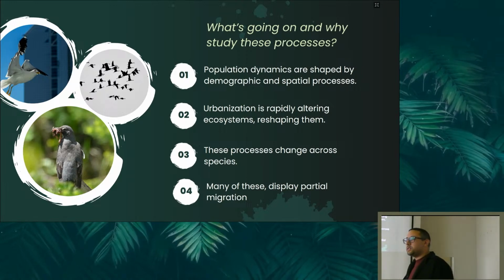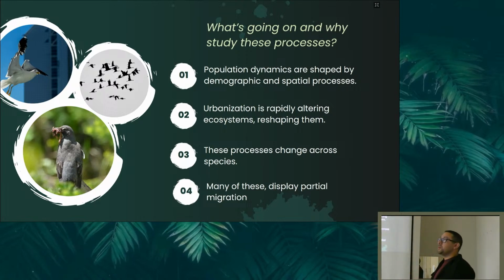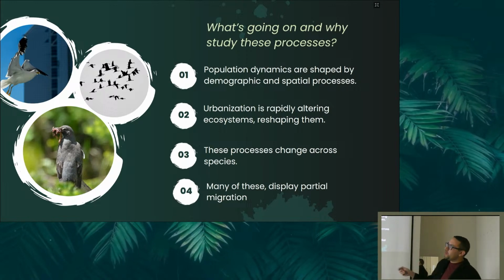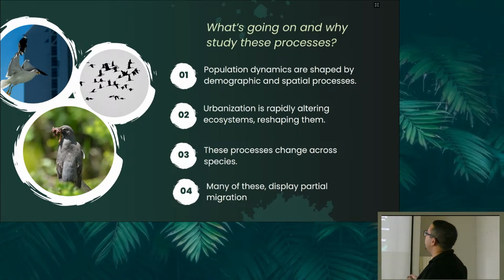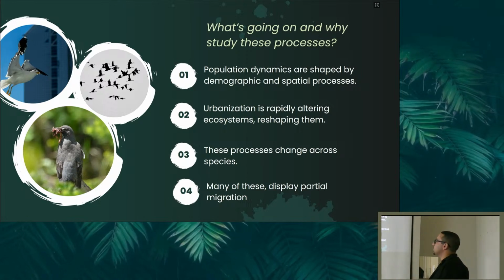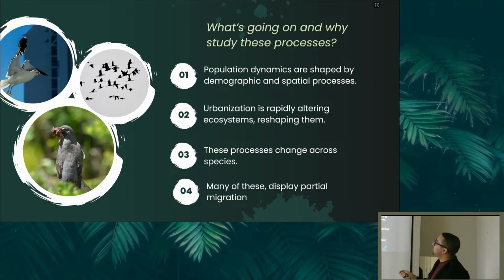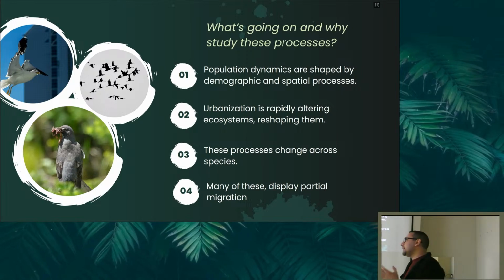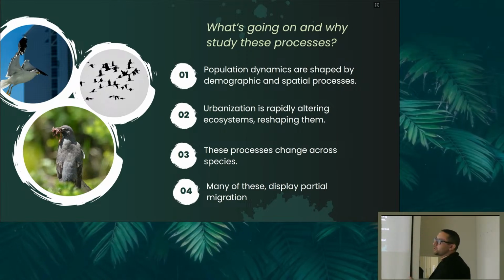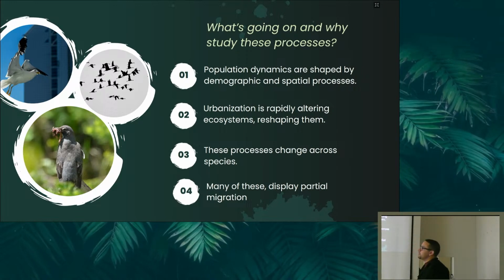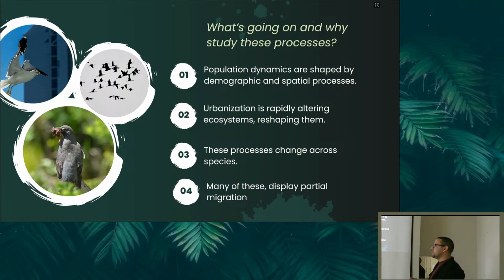While some species might thrive in those new conditions, other species struggle to persist and to adapt to those changes. And if we keep going down, those changes might also differ within the same population, where some individuals still display a migratory phenotype and other individuals are becoming full-year residents.